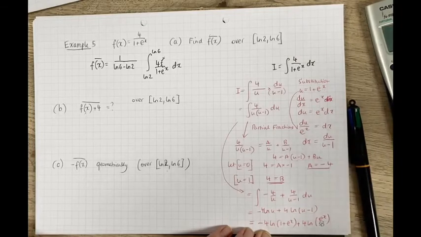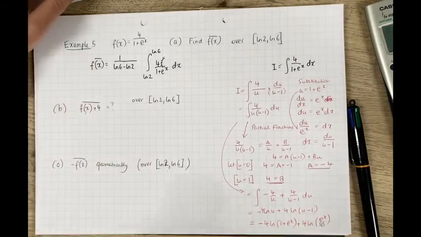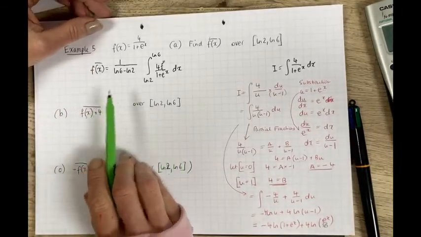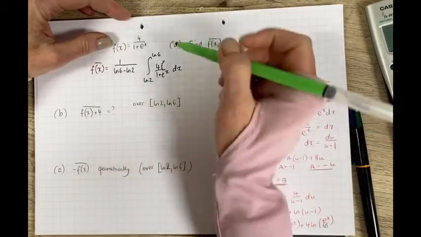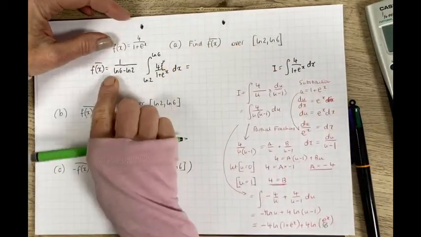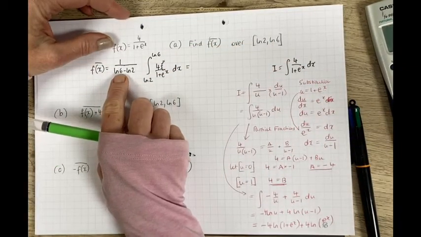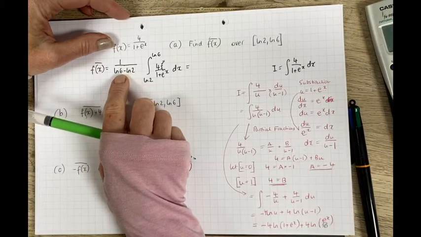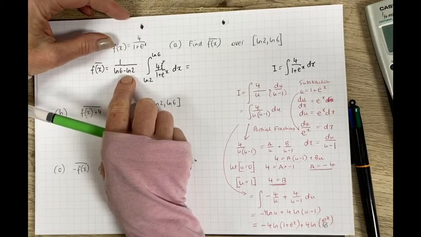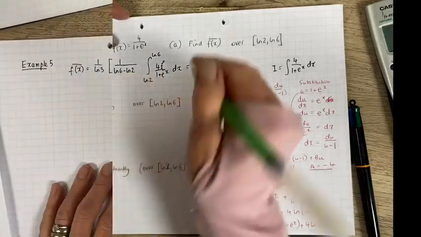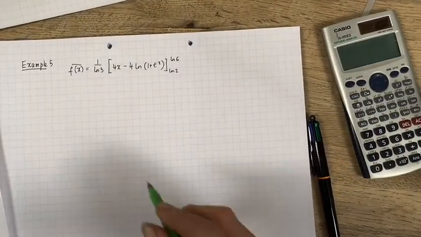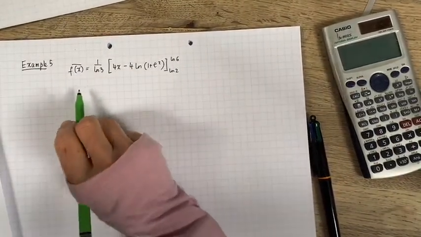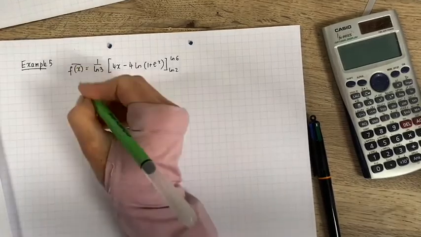Okay, I'm going to write it down over here. Let's just combine these two. ln 6 minus ln 2 is going to be ln 6 divided by 2, so it's ln 3. Okay, so I had to rewrite it on a separate piece of paper, I didn't have enough room there.